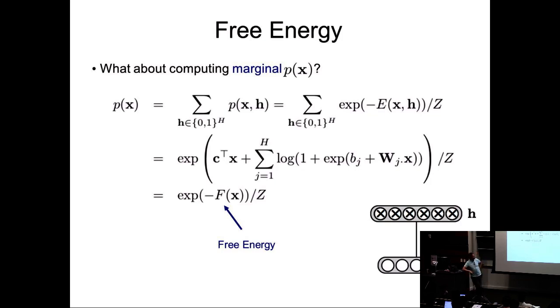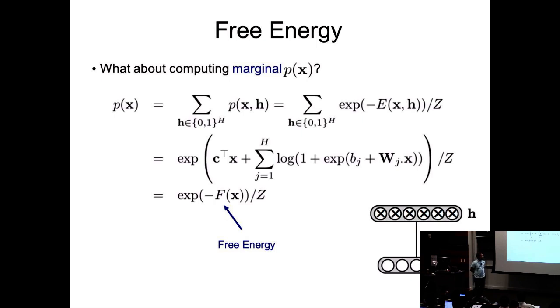Here we're summing over the energies. The reason you can do it is because of the conditional independence properties. Conditioned on x, the h's become independent. So given x, you can actually push this sum inside the exponent.